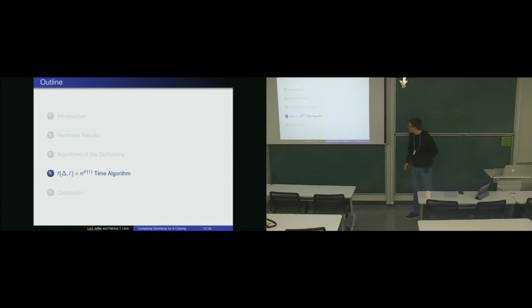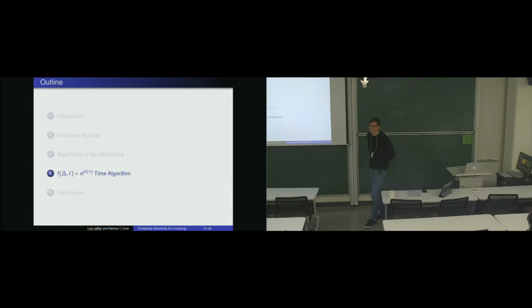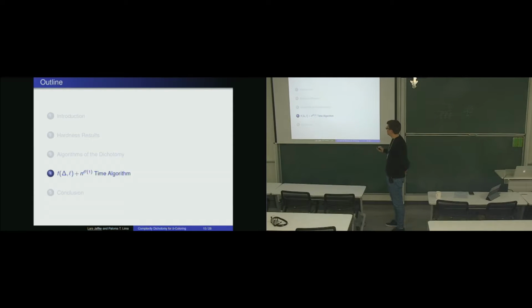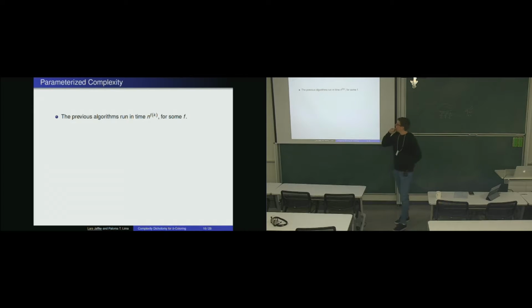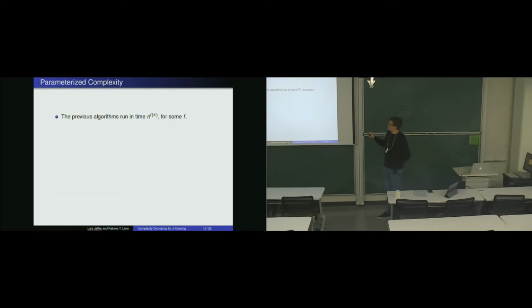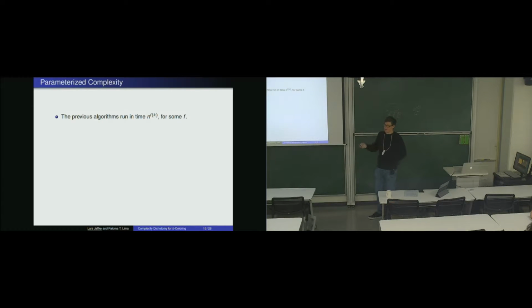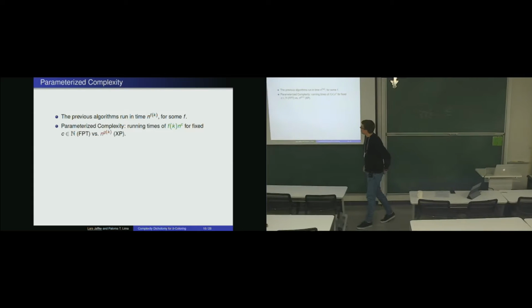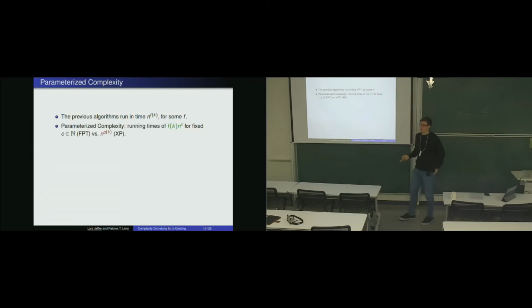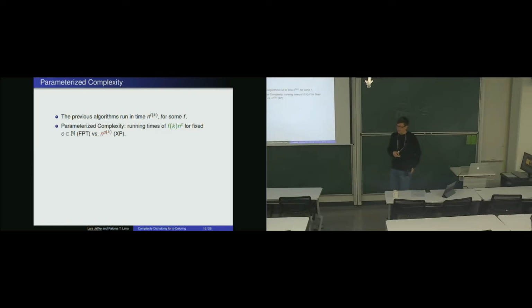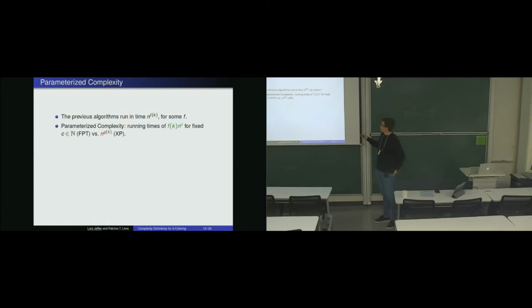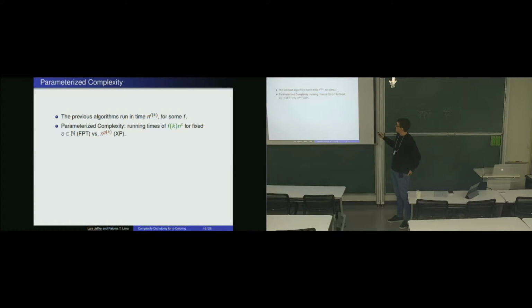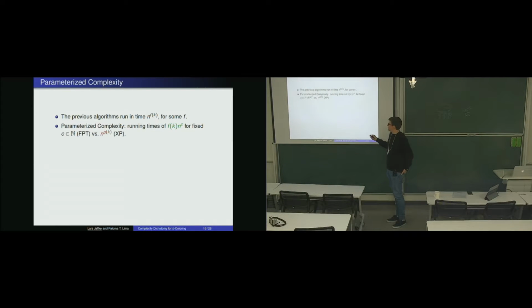Okay, so now I will spend some time with this algorithm. And okay, so the previous algorithms all run in time n to the f of k for some function f. Now in the field of parameterized complexity, we want to distinguish running times of the shape some function of k times some fixed polynomial against running times of like n to the g of k.